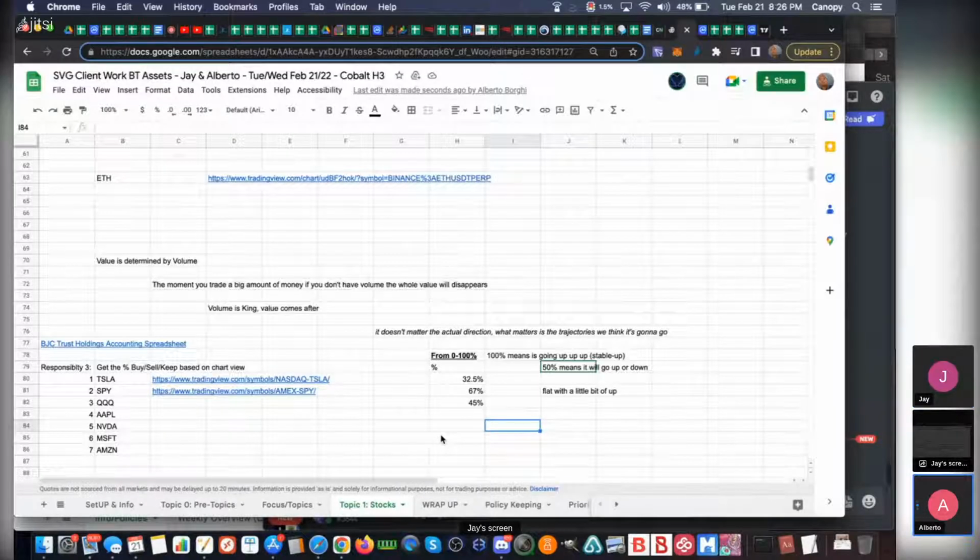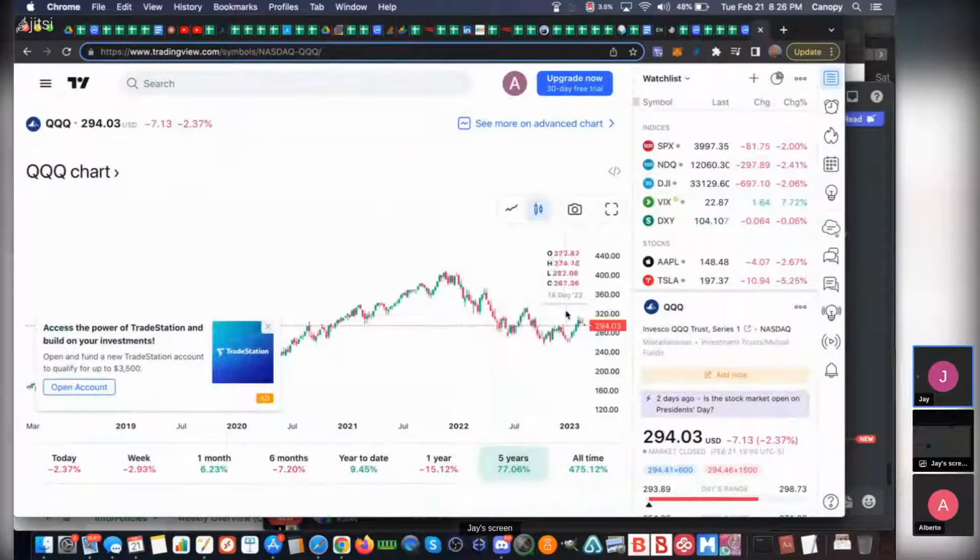There's a 45% probability that the price will go up. We're saying that there would be a 5% chance that the trajectory value would continue to go down.